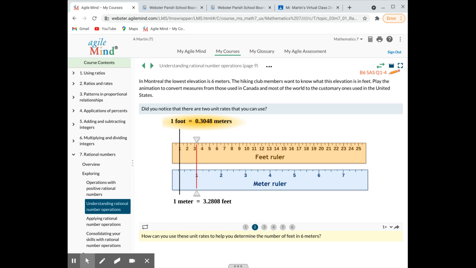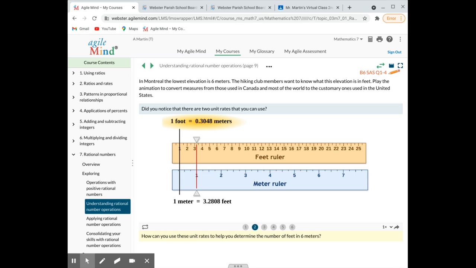So what does question number 1 ask in our workbook? Record some measurements in meters and feet. All right, so for that, we should have 1 foot is equal to what? 0.3048.